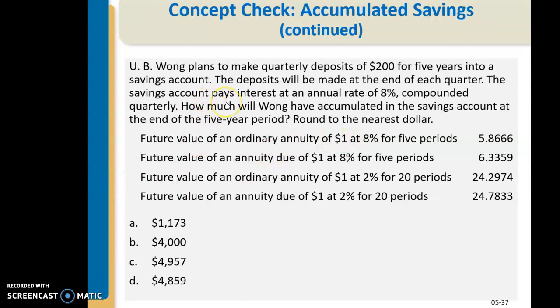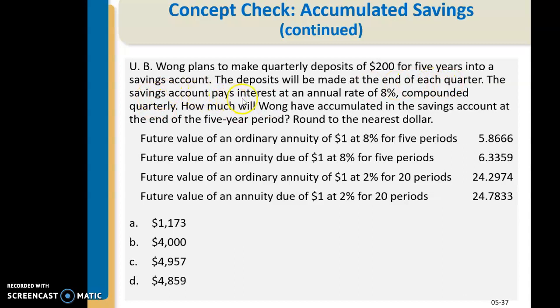And now that you've had an opportunity to review that problem where the interest was compounded more frequently than once a year, you should be able to answer this problem then. U.B. Wong plans to make quarterly deposits of $200 for 5 years into a savings account. The deposits will be made at the end of each quarter.